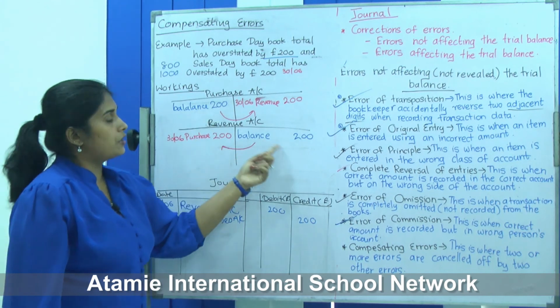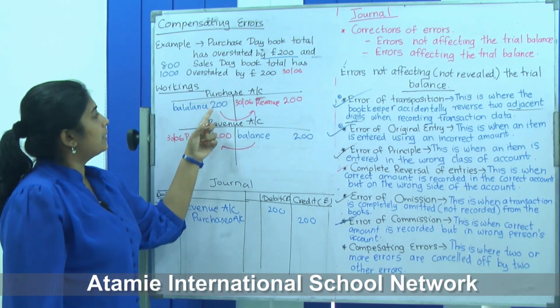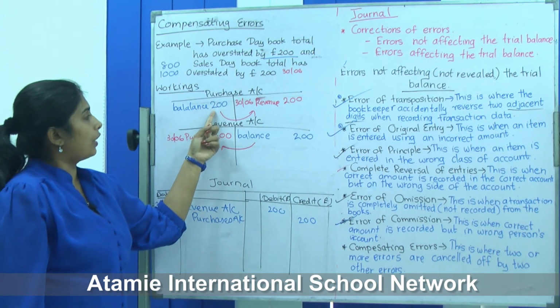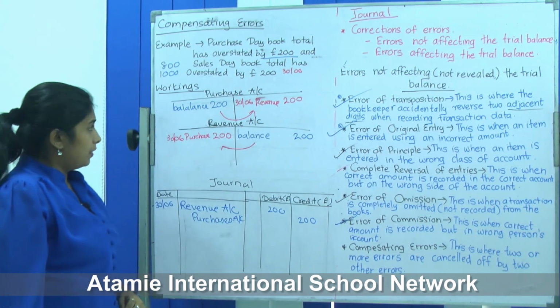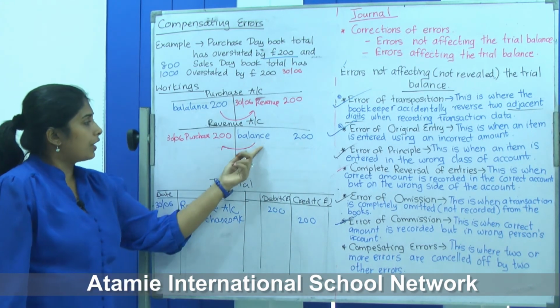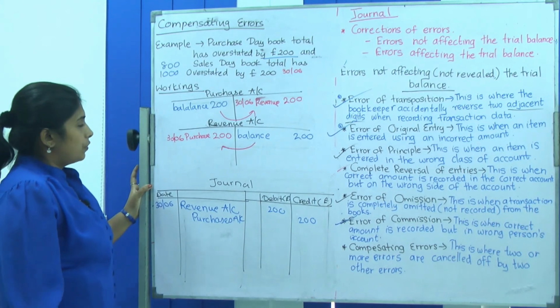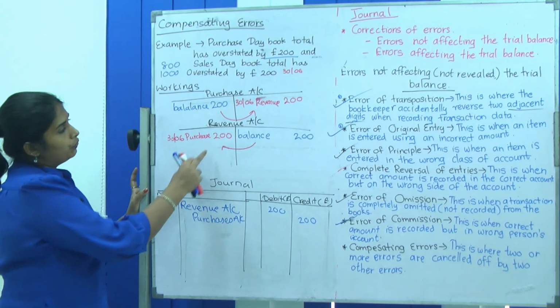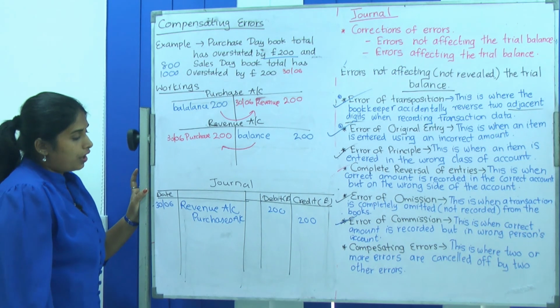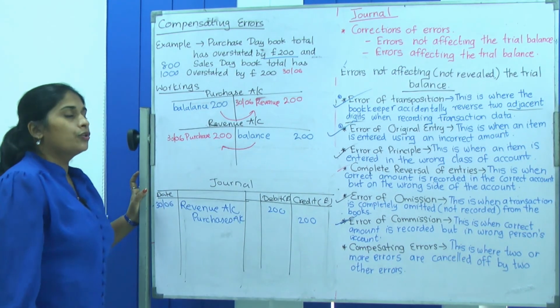So 200 has been overvalued, so that amount should be cancelled. From purchases, to cancel the overvalued 200, you have to credit the purchases account. For revenue, to cancel the overvalued 200, you have to debit the revenue account. So to correct the error, you have to debit the revenue account by 200 and credit purchases by 200.